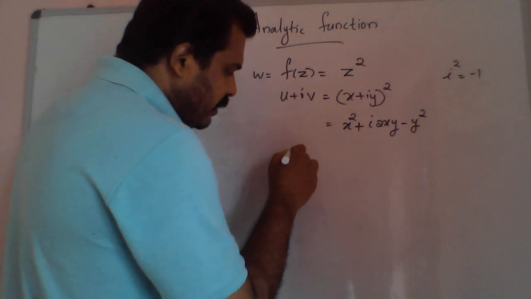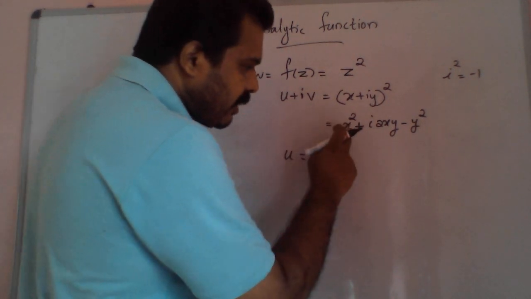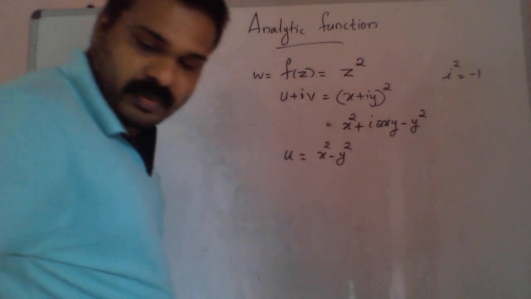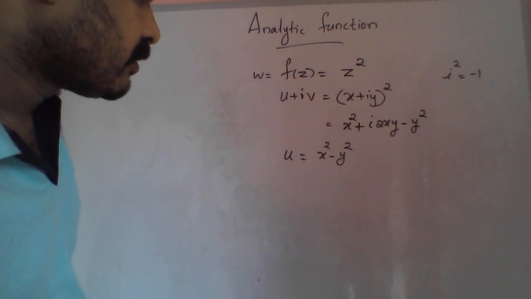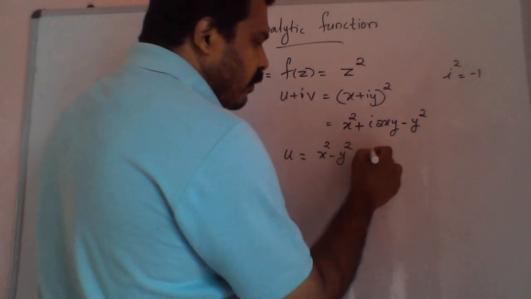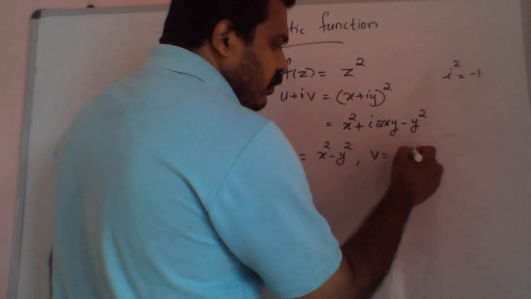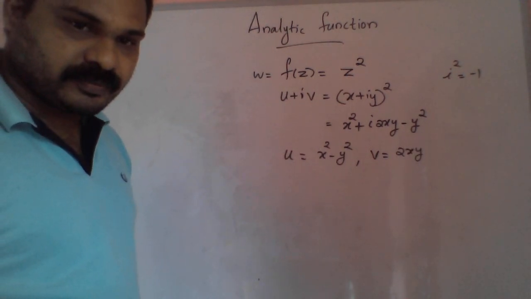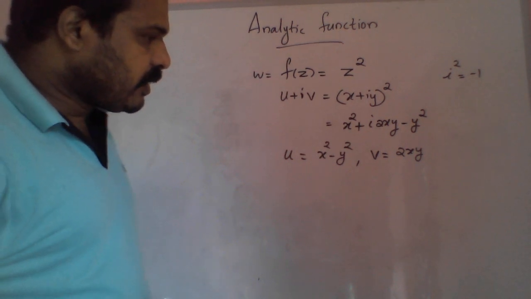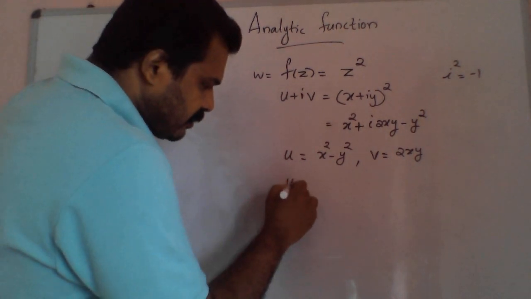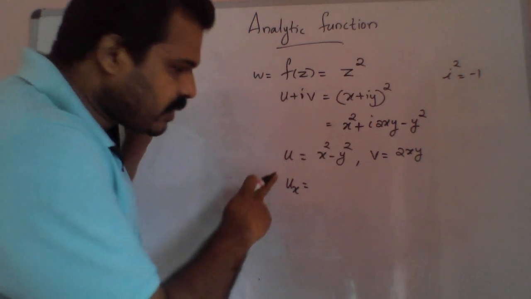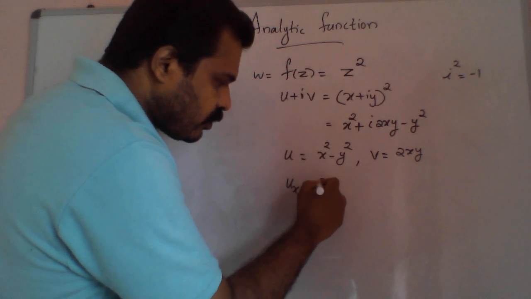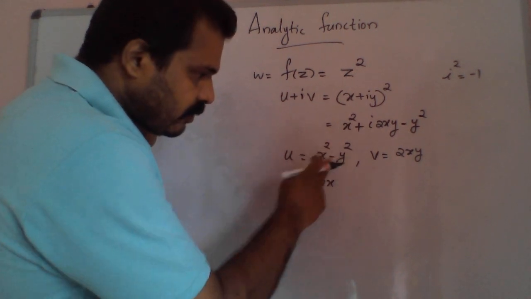So then the real part is u equal to x square minus y square. And the imaginary part is v equal to 2xy. So then the partial derivatives: ux, differentiating u with respect to x, the derivative of x square is 2x, y term 0.